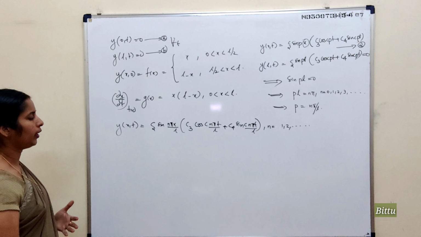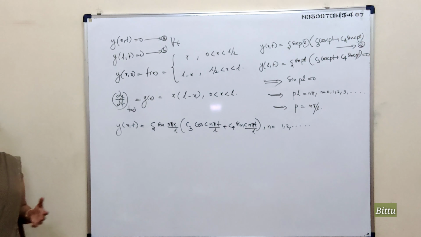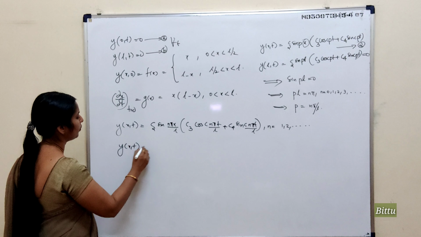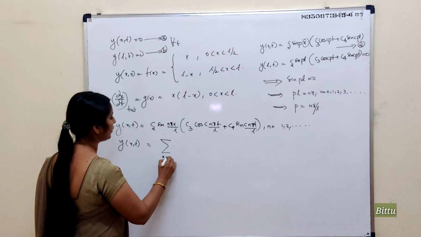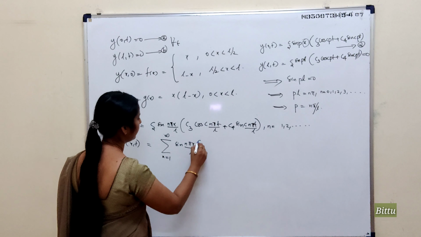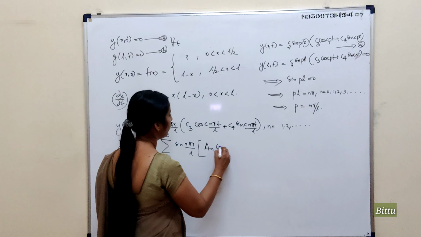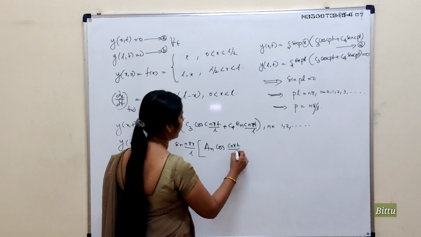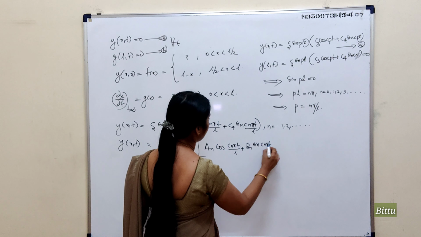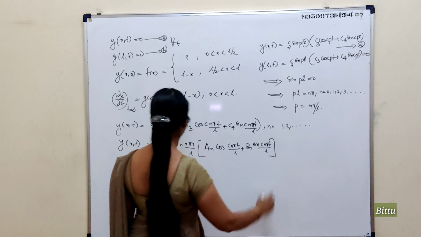And by putting n equal to 1, 2, 3, 4, etc., we can write the general solution as y of x, t is equal to sigma n equal to 1 to infinity sin n pi x by L, an cos c n pi t by L plus bn sin c n pi t by L.